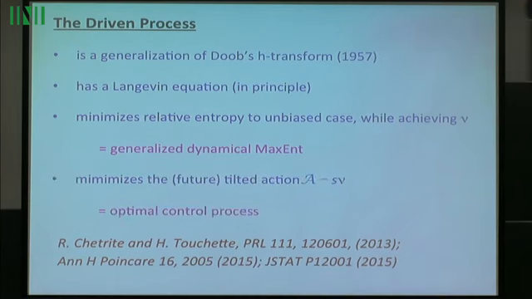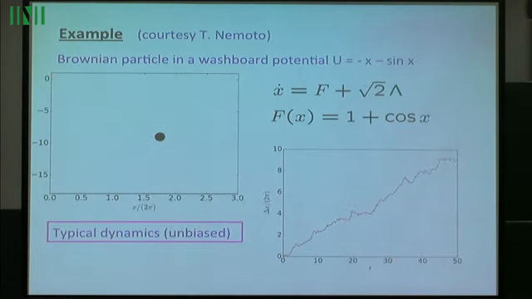So a minimization of relative entropy, and it also maximizes a tilted action, which makes that link to something called optimal control theory, which is to do with Langevin equations and how you change the drift terms in a Langevin equation to optimally achieve some desired outcome over a period of time. So that makes at least a link to the title of this workshop. And I think there is a real link, actually, which hopefully will become clearer towards the end. So here's an example, movies from Takahiro Nemoto.